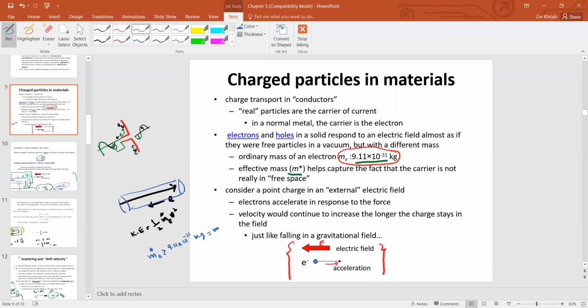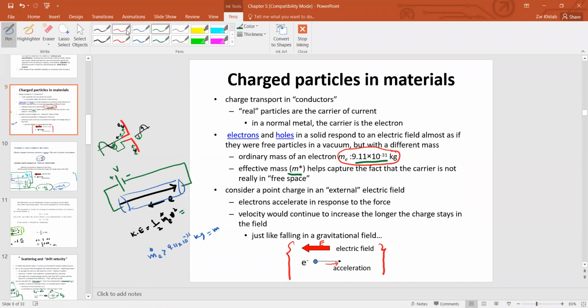So this kinetic energy is basically the work done, right? The work done by this battery, the voltage source.